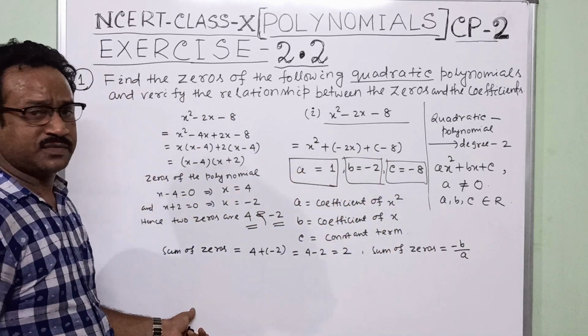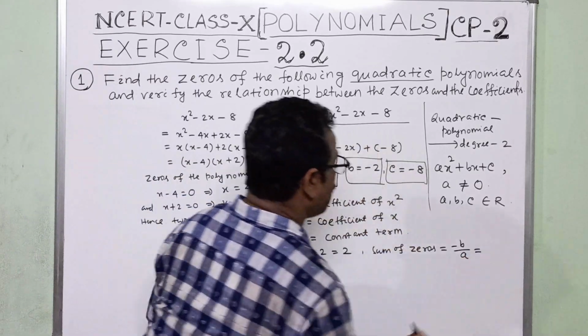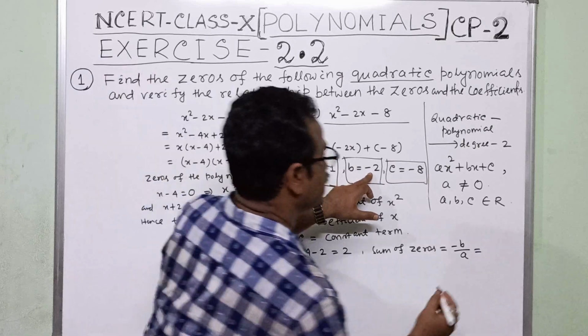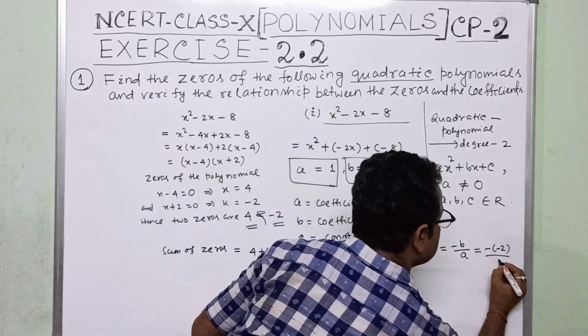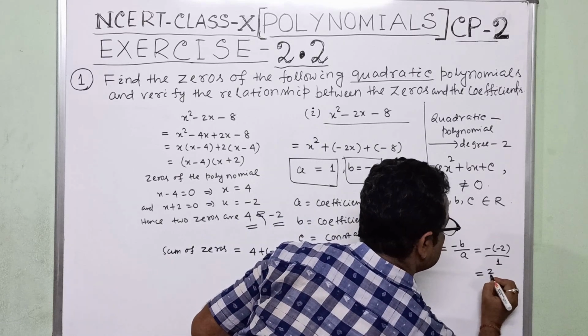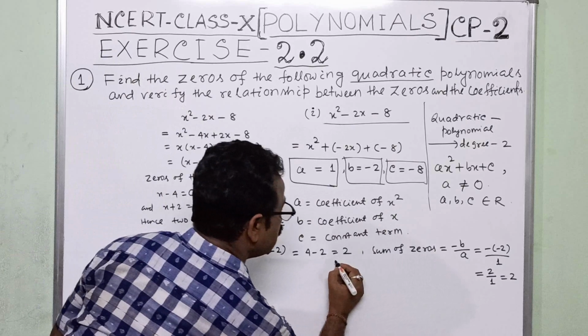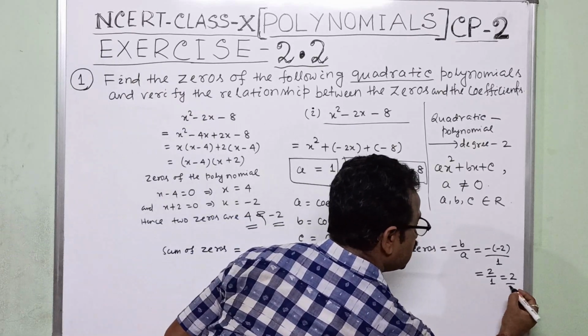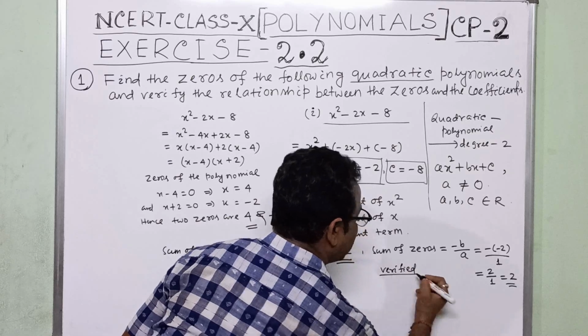So that is minus of minus 2 by a, which is 1, so 2 by 1 is equal to 2. Here we got 2, here we got 2. Verified.